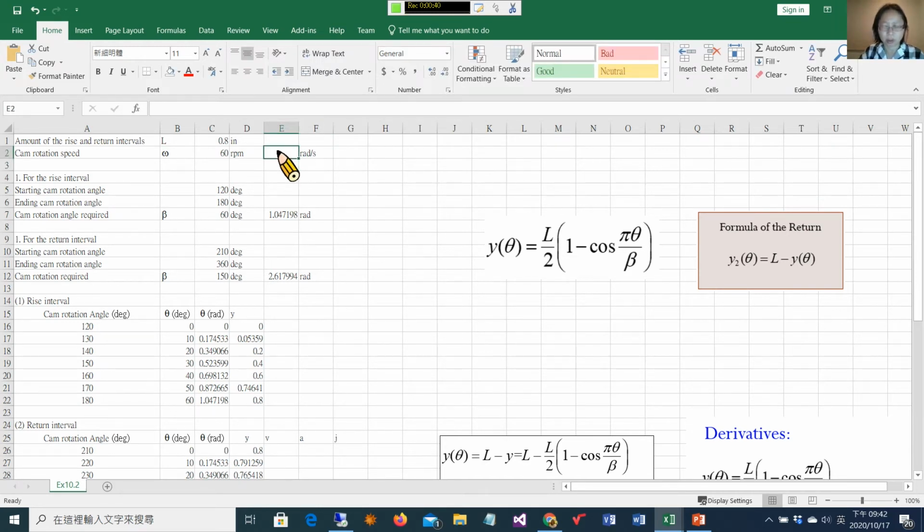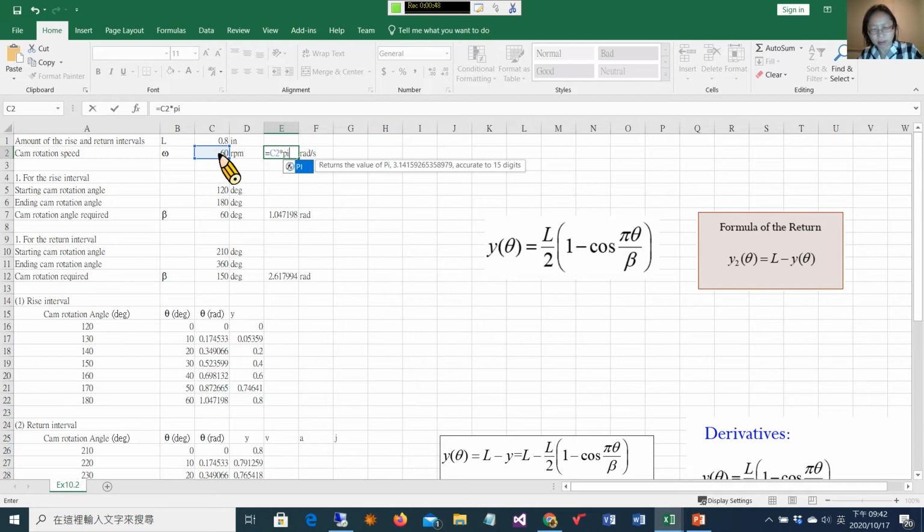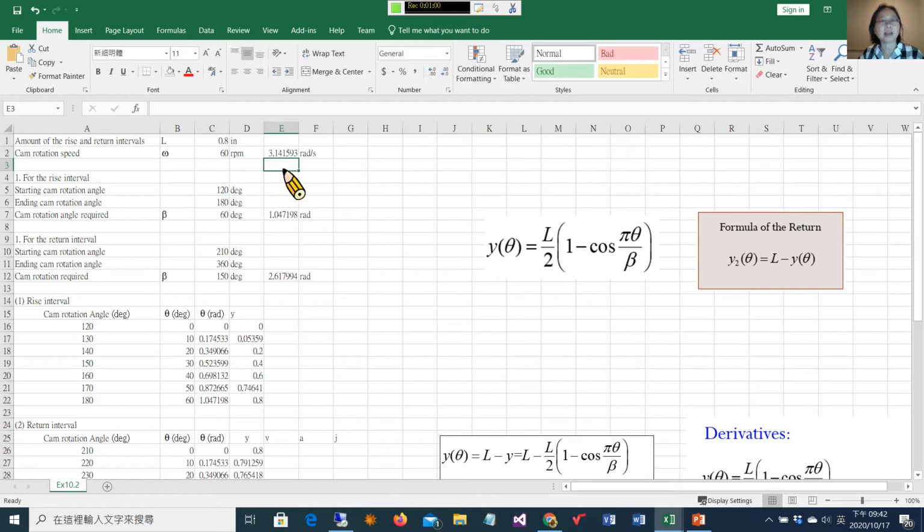So equal sign 16 times pi over 30 gives the cam rotation speed in radians per second.